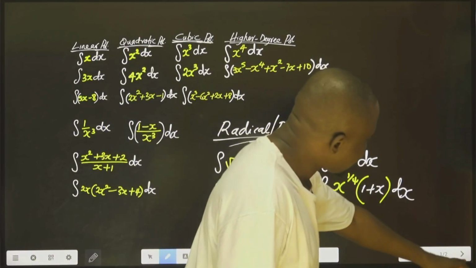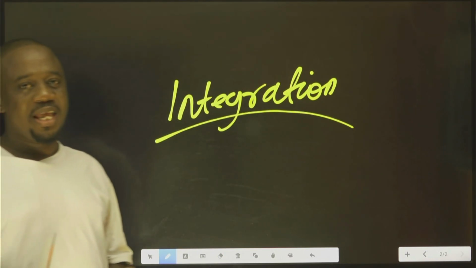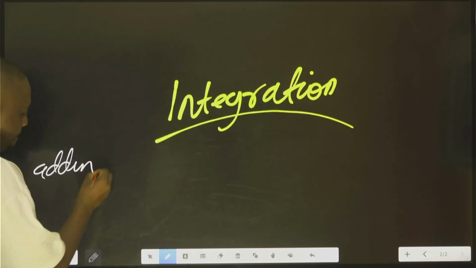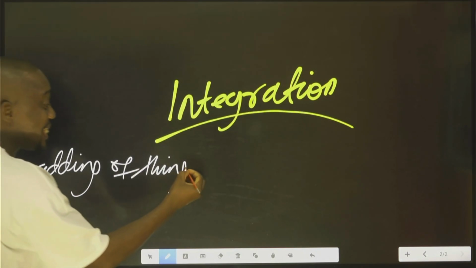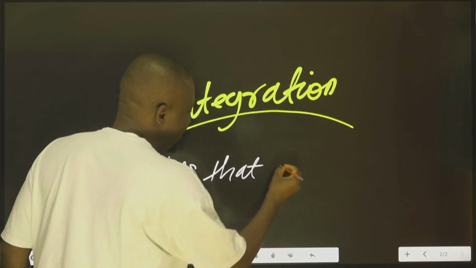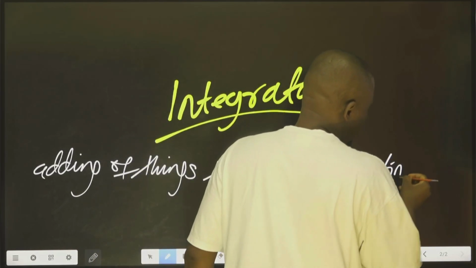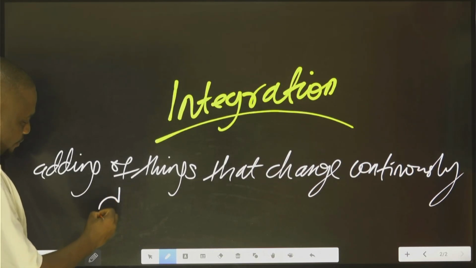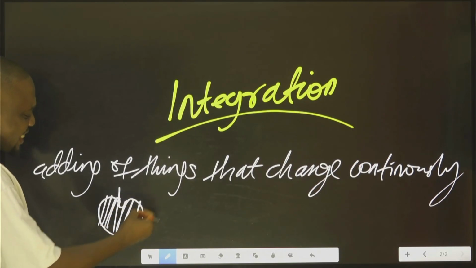Now, what is integration? Integration is a way of adding up things that change continuously. If you want to add up things, this is a layman definition: adding up things that change continuously. Imagine this is an apple, which you have cut into a lot of infinitesimal pieces.